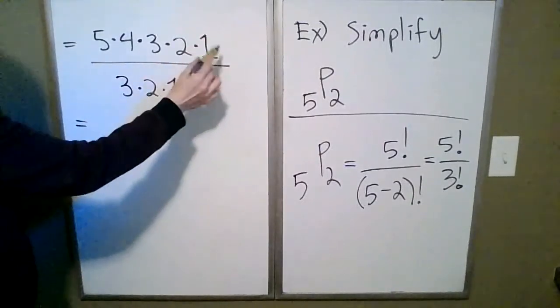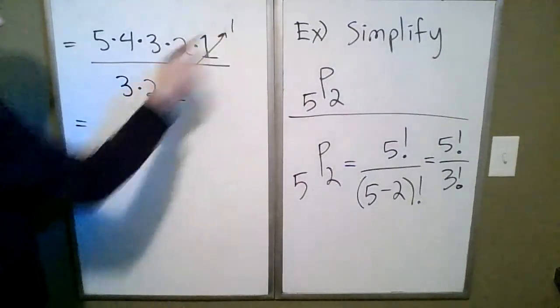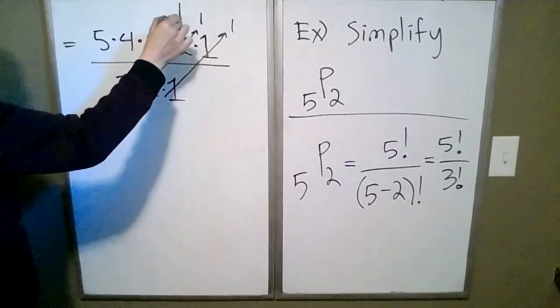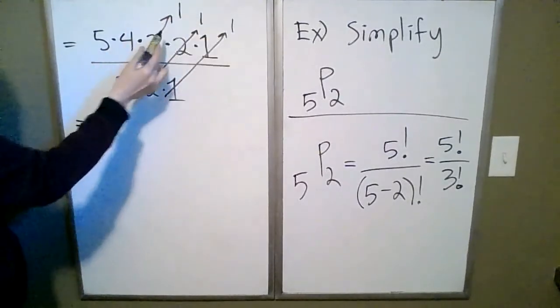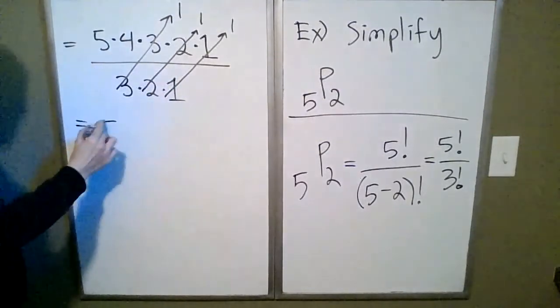And when I have the number over itself, it reduces to 1. So 1 over 1 is 1, 2 over 2 is 1, 3 over 3 is 1, and 1 times 1 times 4 times 5 is 5 times 4.